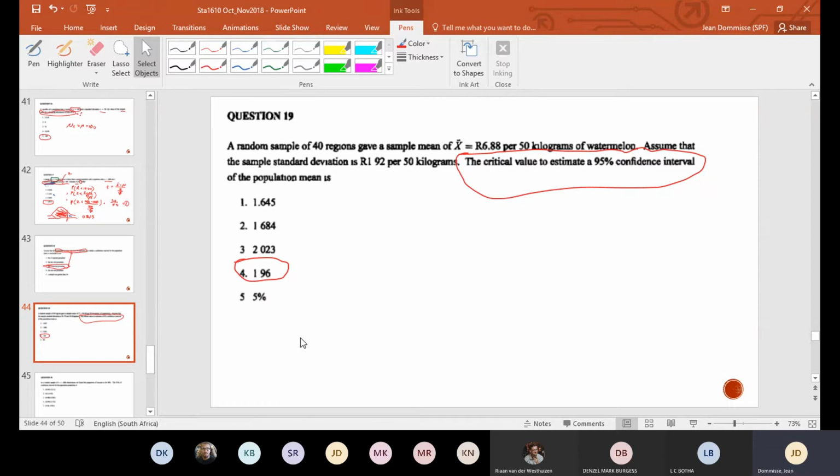When there's a 99%, that's the other one they can ask, which, if I remember from previous, is 2.58. So that is basically nearly free. They seldom ask for 99%. It's normally the 90 or the 95% that they ask.